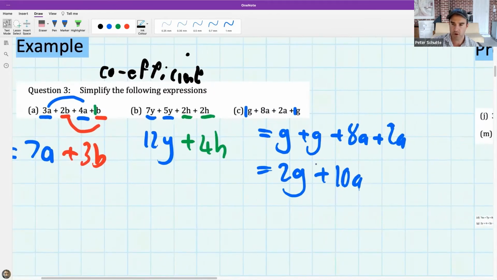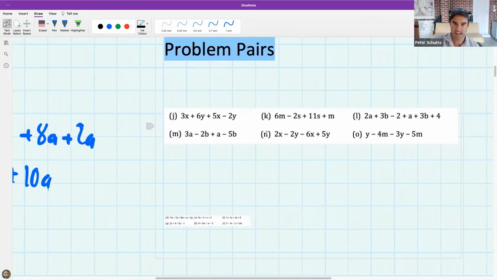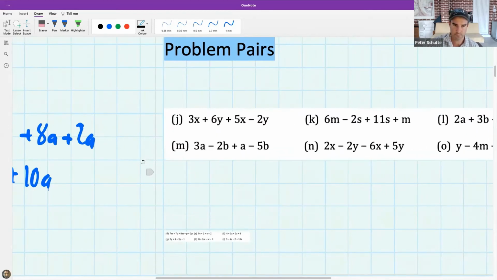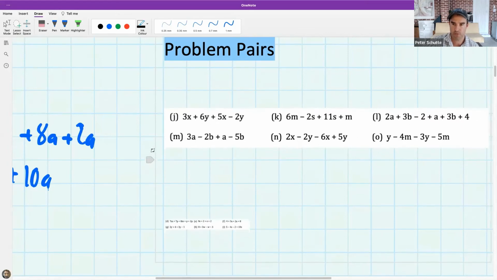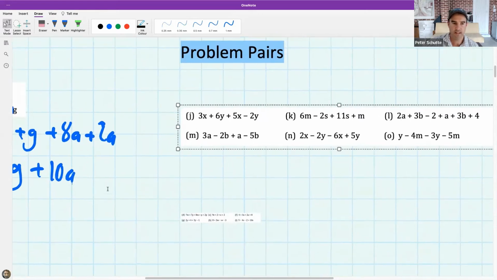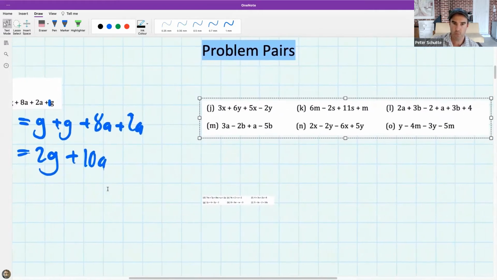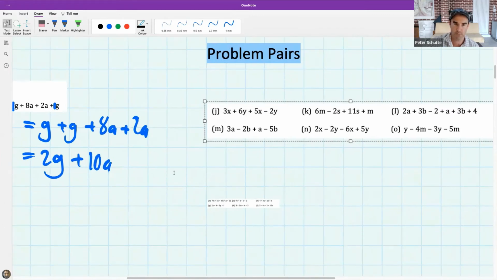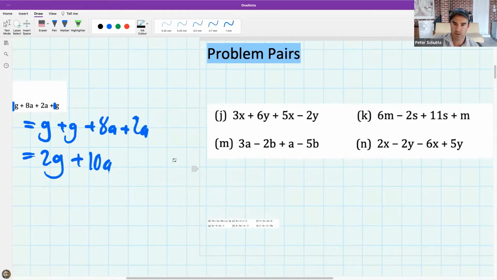And in fact, it was looking so good that I'm going to ask you to do the next ones. Let me quickly zoom in a little bit. I'm just going to make it bigger, otherwise I know I'm going to get questions in a moment. In fact, I'm just going to do these 4.